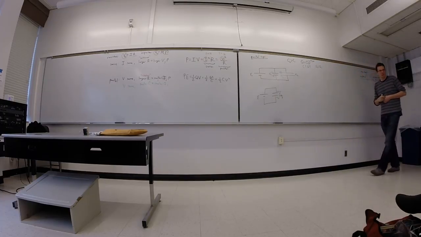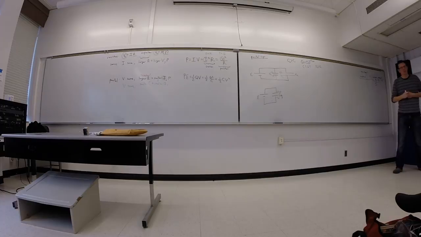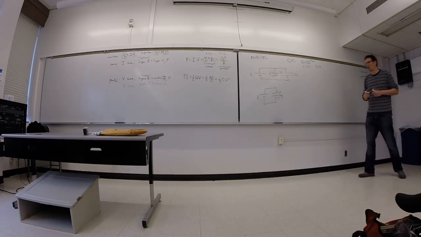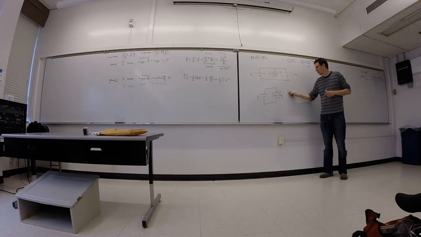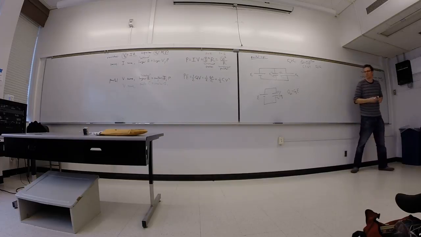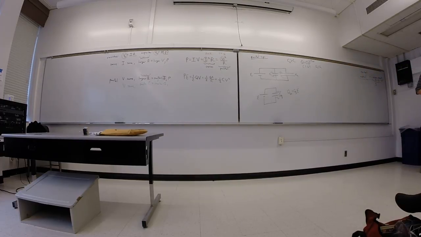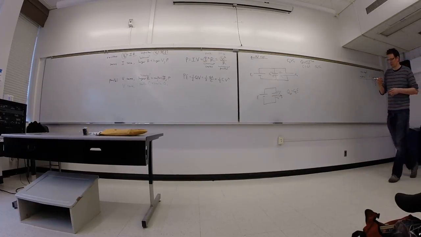The same way we did with resistors, with capacitors, we can choose to think of them individually or as a whole. And we can, of course, talk about Q total equals C equivalent times the battery EMF. So that's just applying the equation to the entire equivalent circuit instead of an individual element.